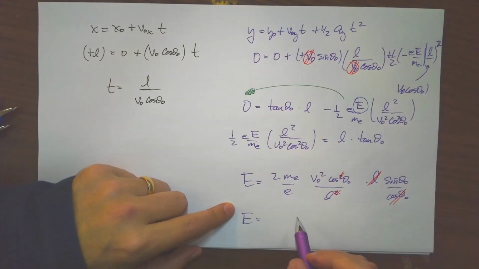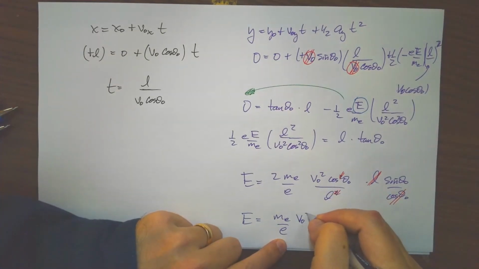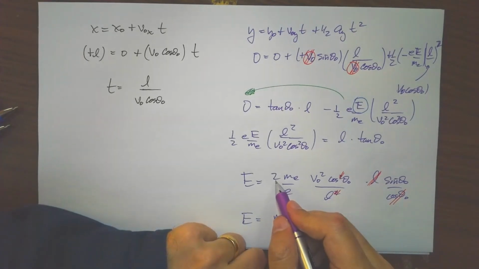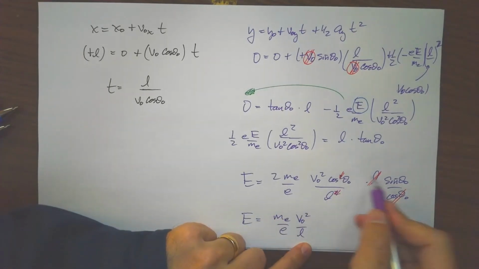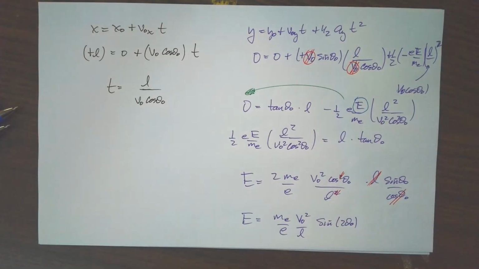And so I write this as the mass of the electron over the fundamental unit of charge, times V_0 squared over L, and then I get 2 cosine times sine, so that's sine of 2 theta.